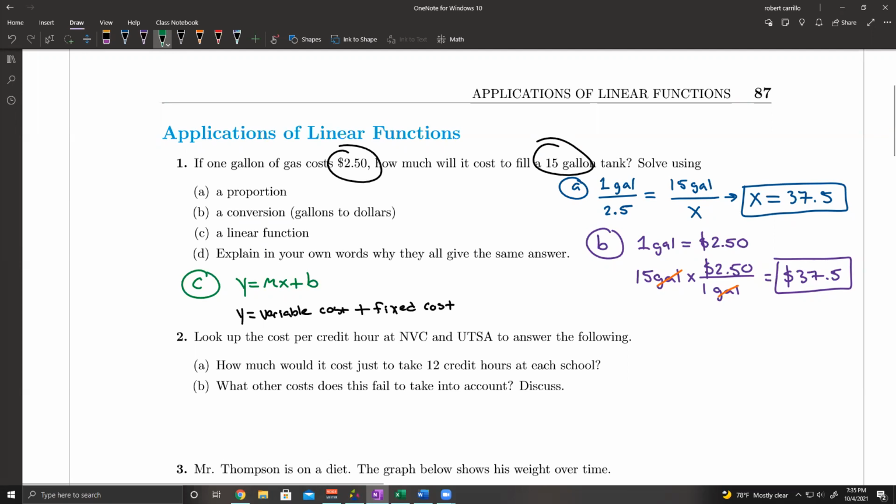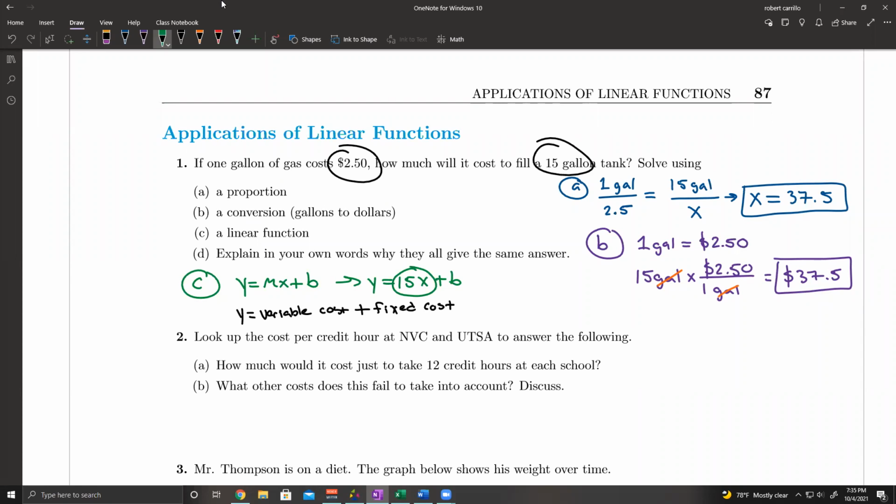Well, whenever I say variable cost, I'm meaning that it's a slope, right? So if we put the 15 in there, let's just check that out. This means that you are now going to be paying $15 per gallon. Is that what we want to do?